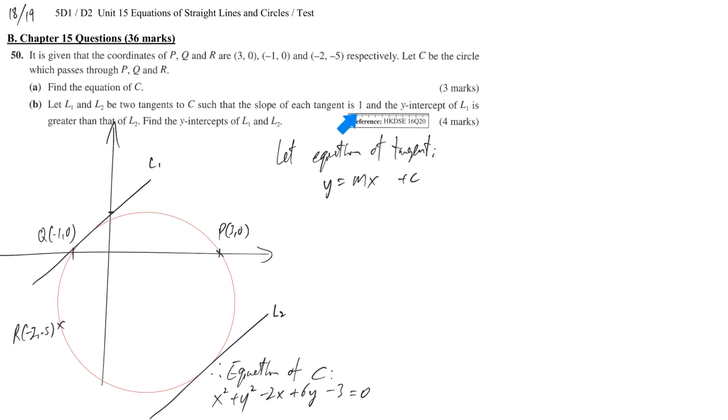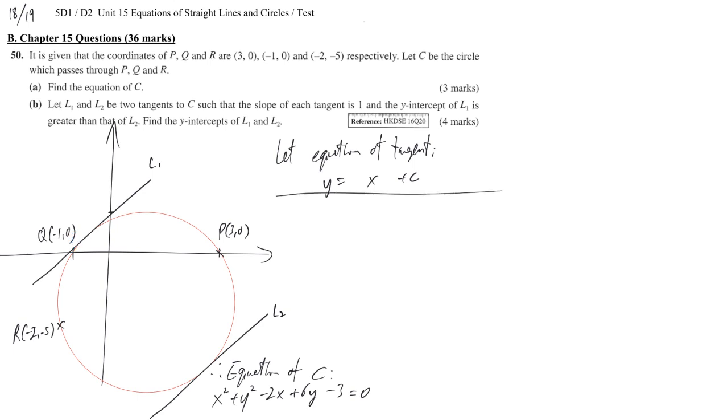So just y equals 1x plus c is good enough. Then we consider the property of a tangent: only one intersection point. So we consider the solution of the simultaneous equations, and the quadratic equation has only one root, that means delta equals 0.